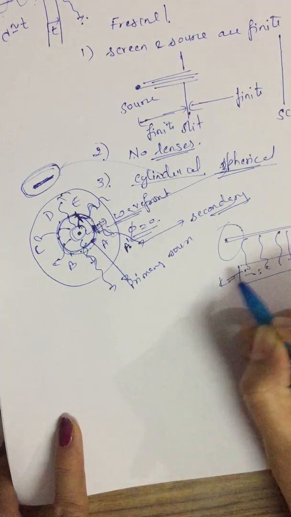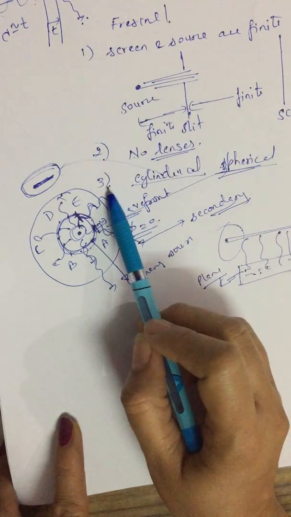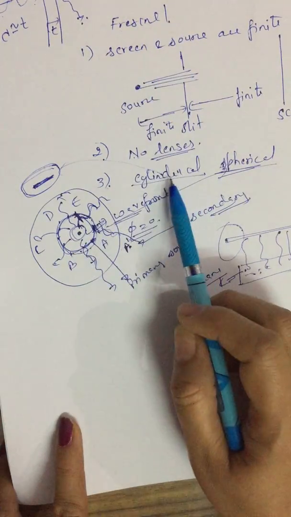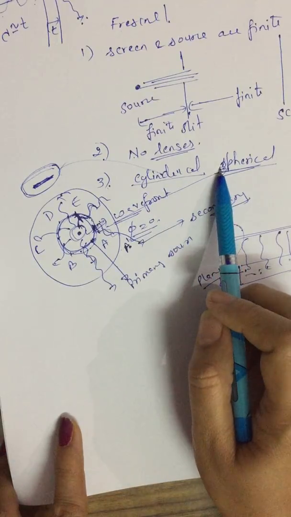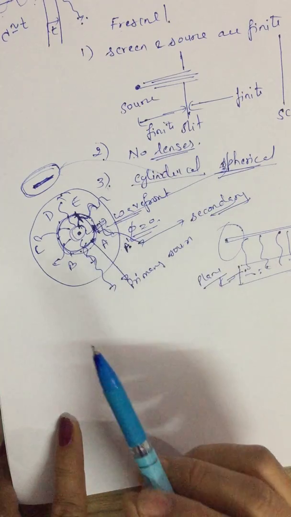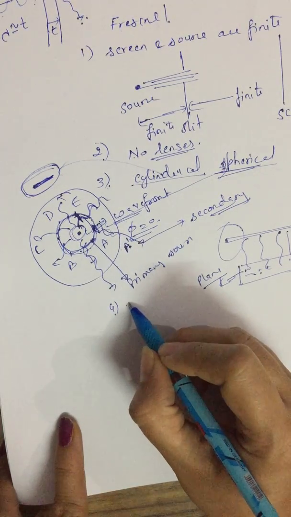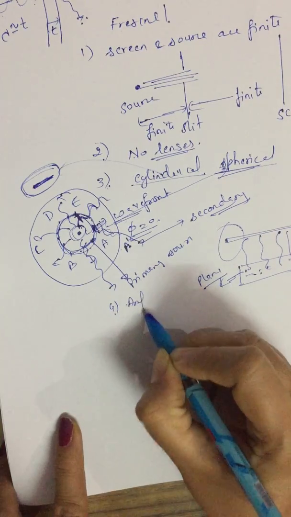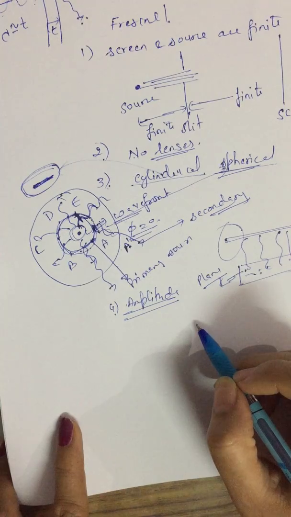This is known as a plane wavefront. Now this is the third point of Fresnel diffraction, where only cylindrical and spherical wavefronts are used.